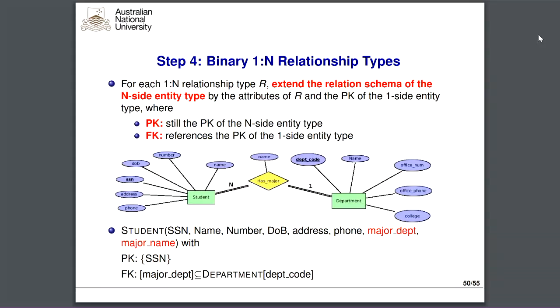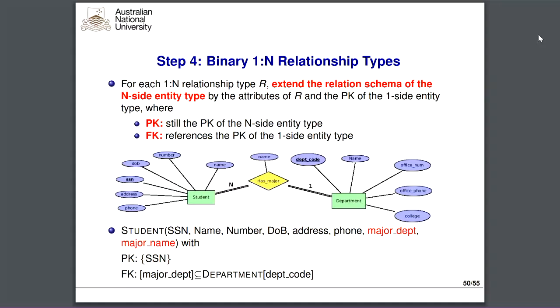Now for the binary one-to-n relationship type, this is pretty simple in the case that you always look into the n side. So you check those numbers. This is the n side. Then you just look into the n side to build a schema for this n side entity type. So build a student, with social security number, and all the attributes have to be there.